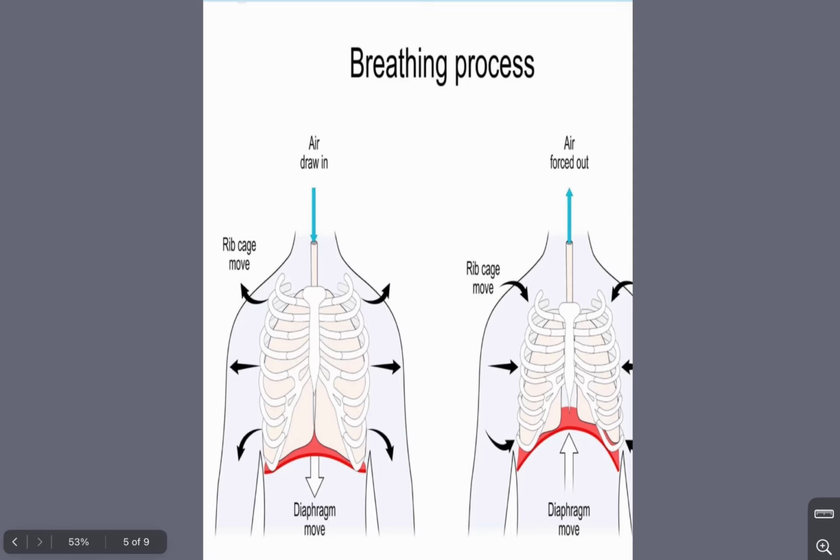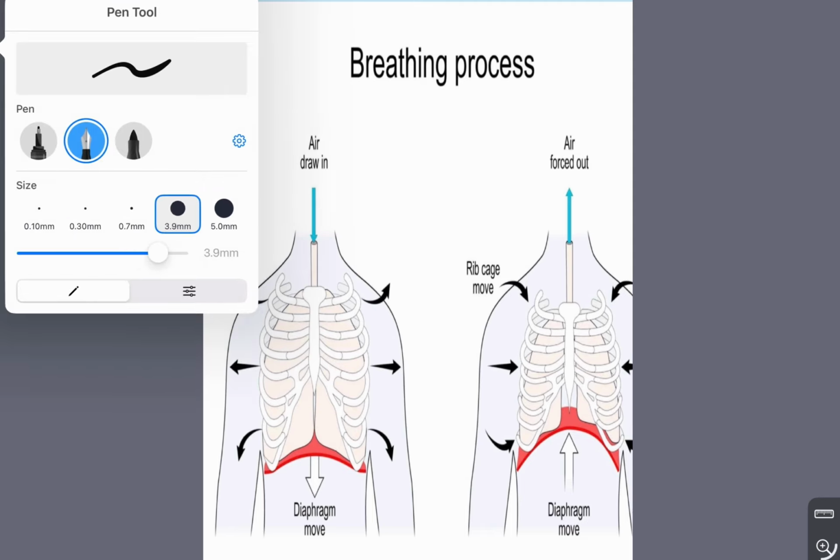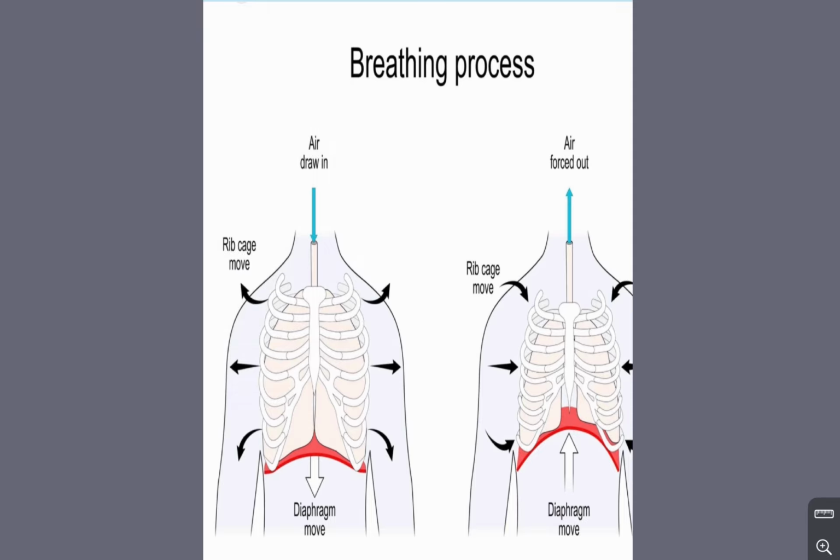Okay, what is actually the breathing process? Basically we know that the purpose of respiration is to bring in oxygen and take out carbon dioxide. So this process is called the breathing process. In scientific terms, we can also call it pulmonary ventilation.